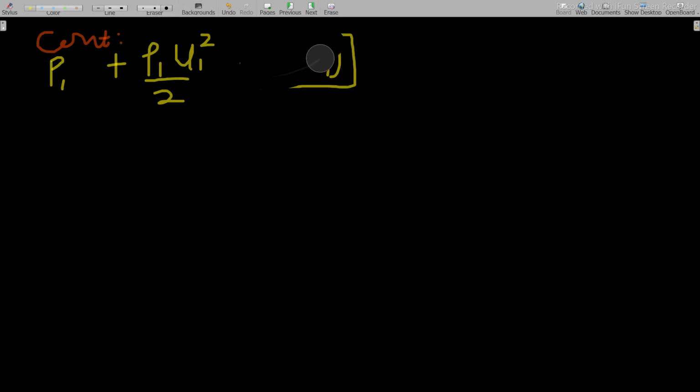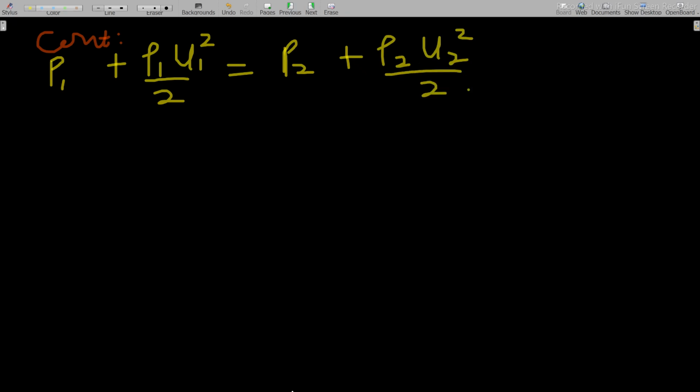We didn't talk about any height, so the pressure due to the height is actually 0. So this should be equal to P2 plus ρ2 u2 squared over 2.